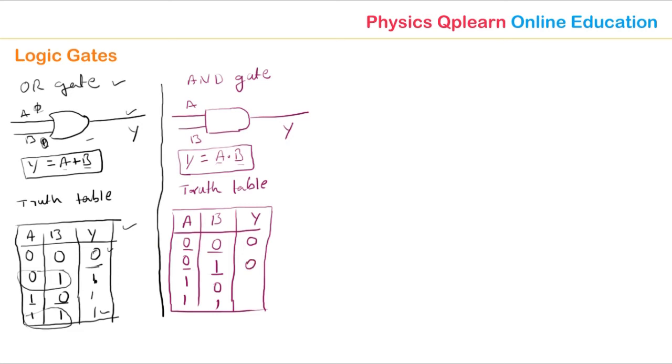Next one, A is 1, B is 0, reverse. The output is 1 into 0, again 0. The last one, both inputs are 1, 1 into 1, the output is also 1.